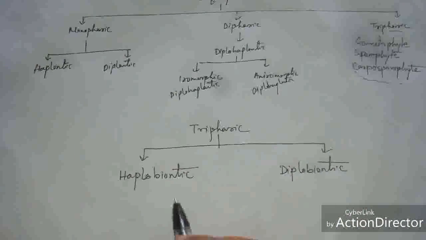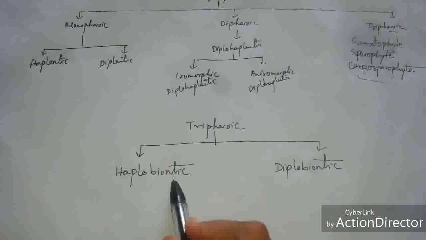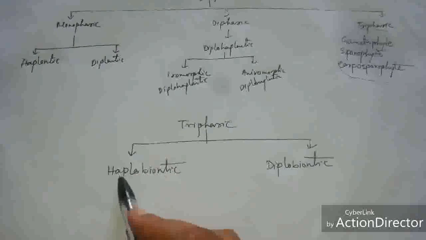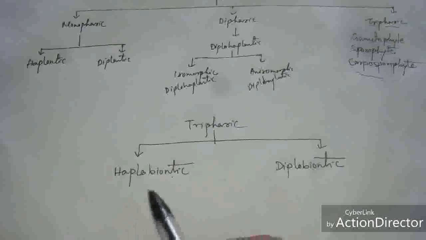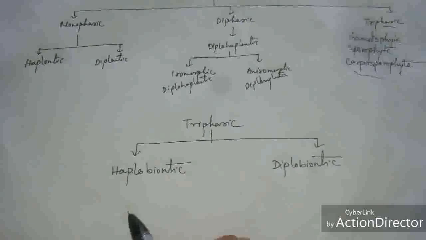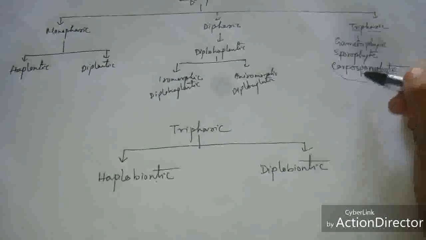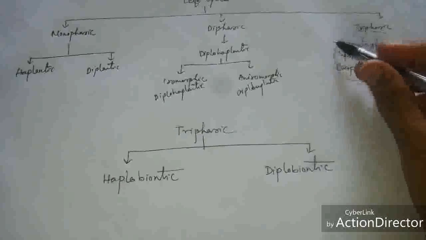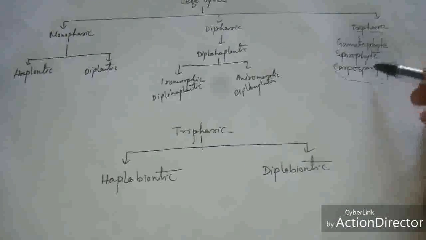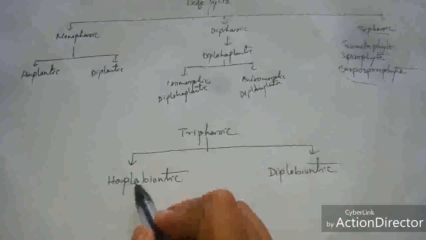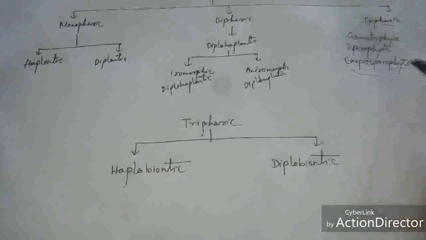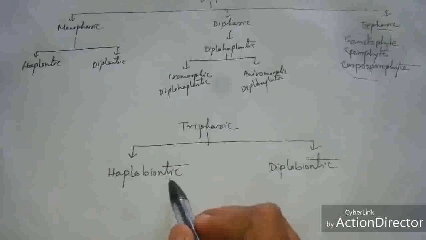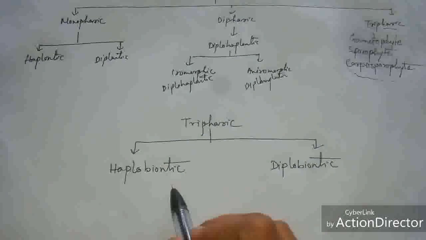So here haplobiontic means haplo means haploid and biontic means two times. So here out of three phases, two phases are haploid type and another one phase is diploid. So this is called haplobiontic life cycle.